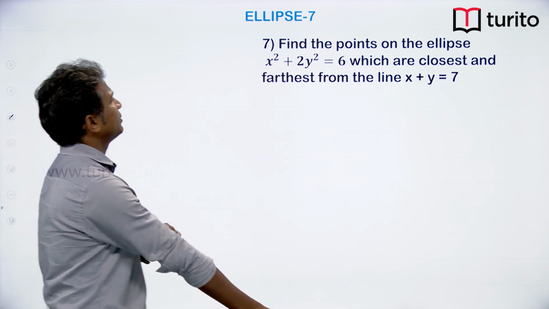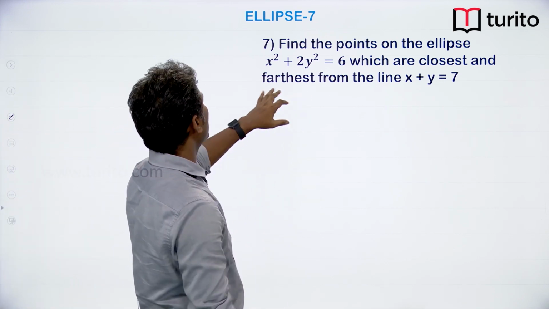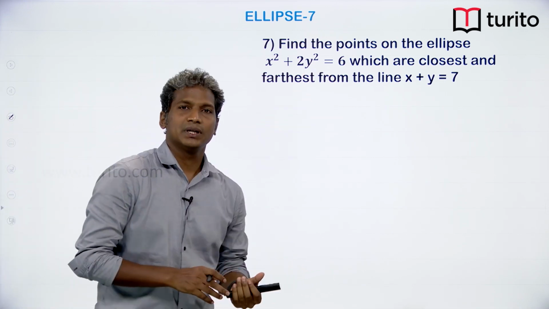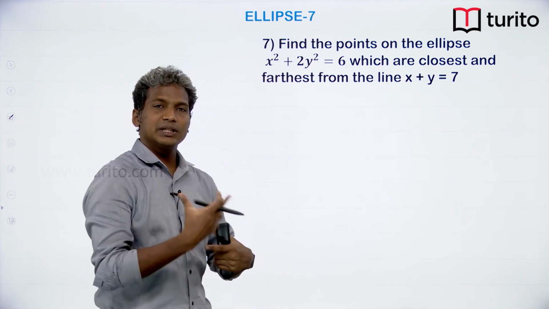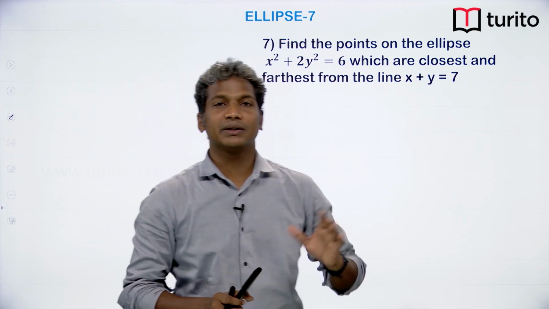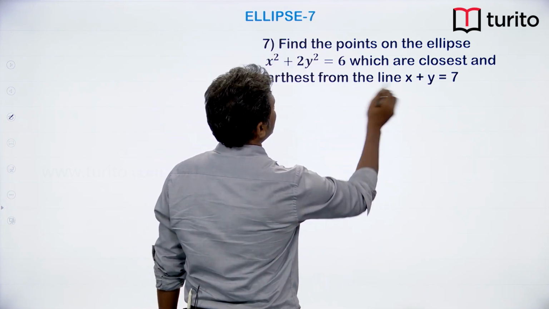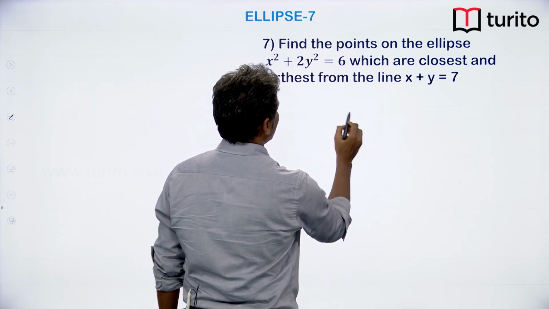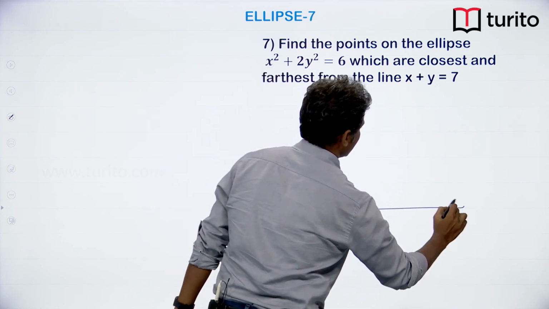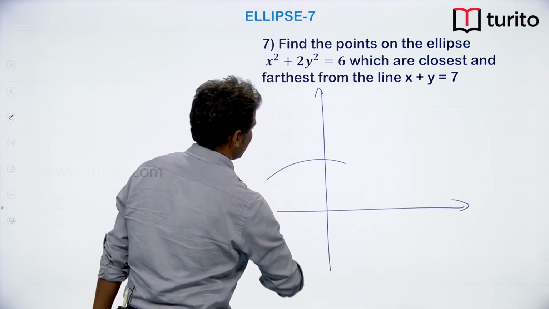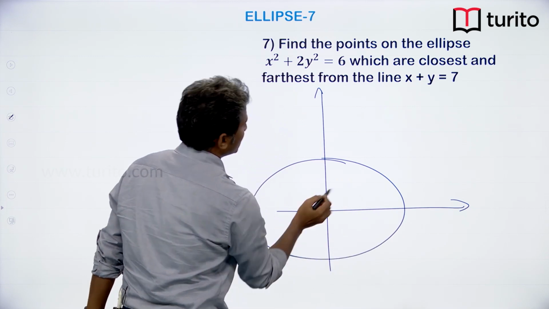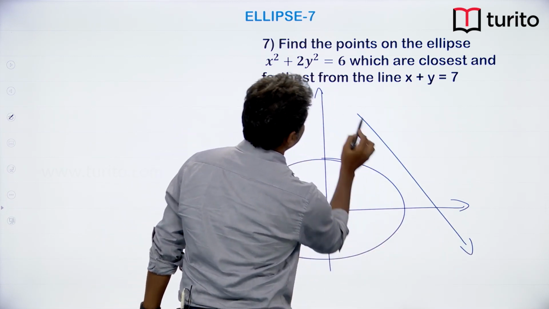So find the points on the ellipse which are closest and farthest from the line. In general, this kind of question is actually common. We have done similar questions in parabola also. So basically there is one line here, x plus y equal to 7. So let us say we have one ellipse here like this, and we have one line here.